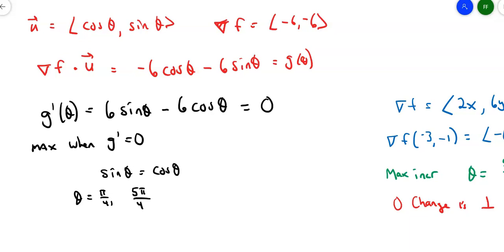Your goal then is to figure out which one's the max and which one's the min, because one is the max and one is the min. So if you evaluate the original function at pi over 4, you'll end up with a -6 times root 2 over 2, and then another 6 root 2 over 2. That'll give you a -6 times the square root of 2.